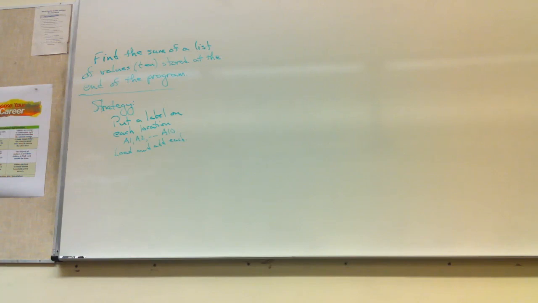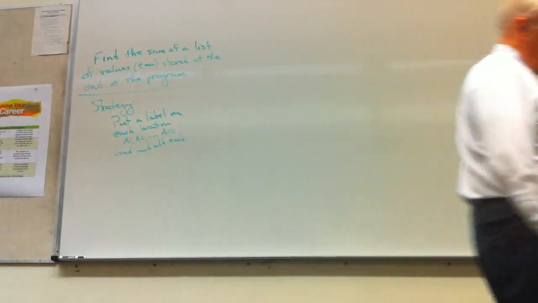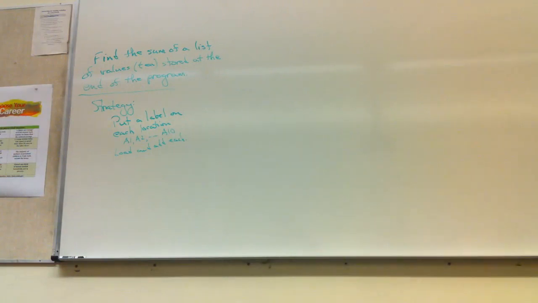Remember that the add instruction, as you look at it, the operands for the add have to be either in a register or immediate mode. You can't just add from memory directly to an accumulator in the register.